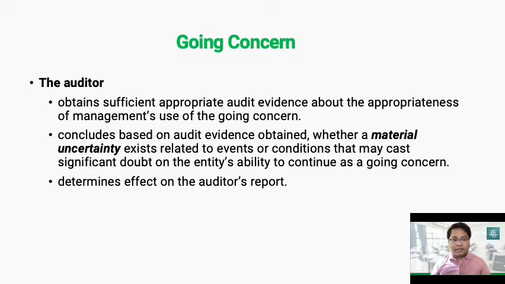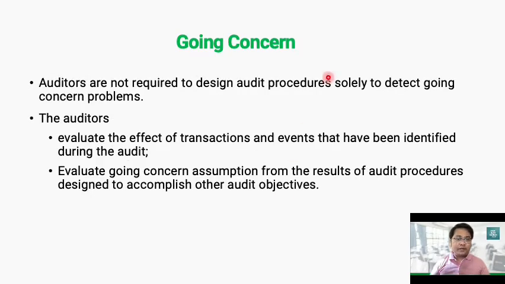Okay? But take note that in performing audit procedures related to going concern, we do not necessarily need to perform audit procedures solely to detect going concern problems. Our procedures to detect going concern problems are already incorporated in our regular audit procedures in auditing the accounts and transactions of our client during the substantive test procedures phase of the audit.